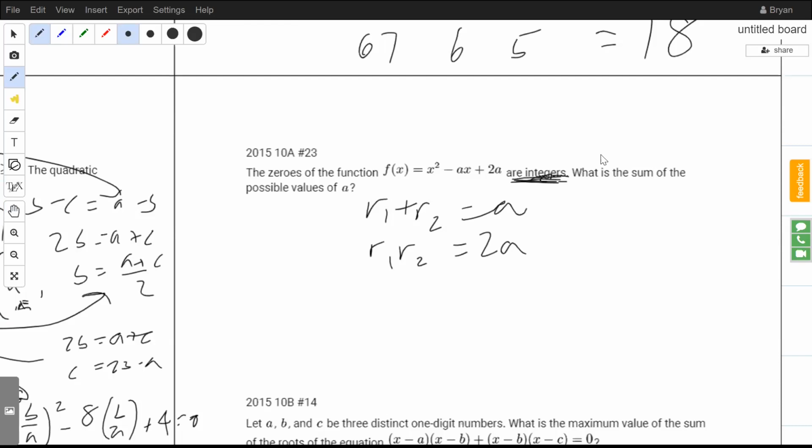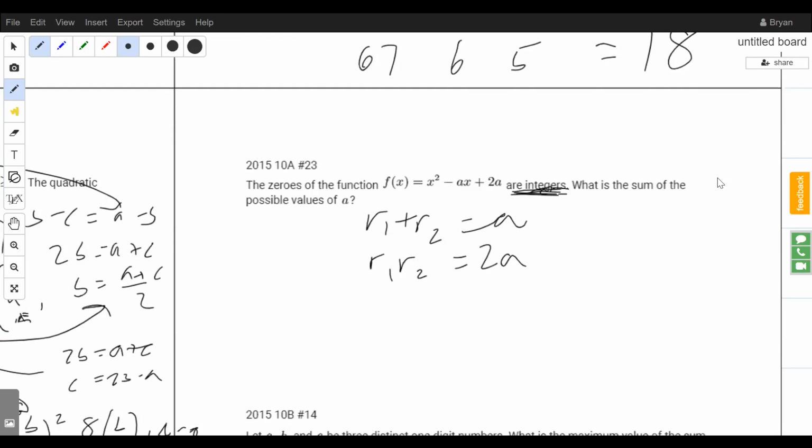What can we do with these equations? Okay, well basically, let's see what happens if we try to set them equal.